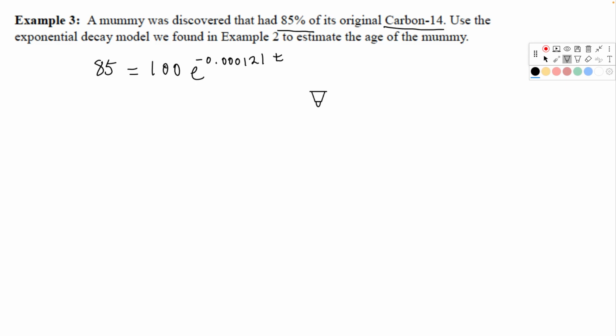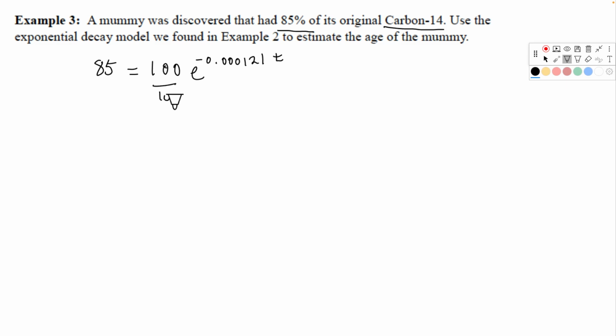So we can kind of see that. It's got 85%, so it means it's lost 15%, not 50%. Maybe 2,000 years, maybe 3,000. I don't know. We'll figure it out. But knowing what the half-life is, we know it's less than one half-life. So, okay, let's go ahead and solve.